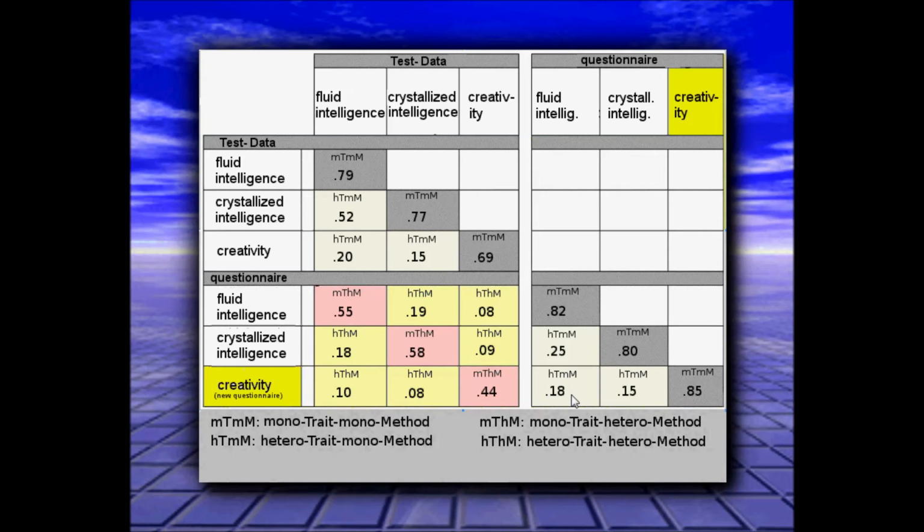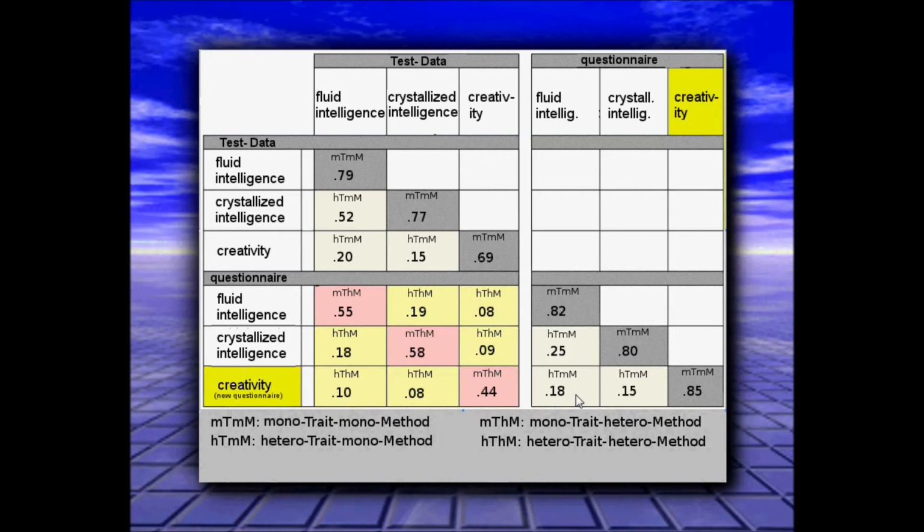But that there is a little correlation is well known from the theory. Between creativity and intelligence, you usually find correlations of 0.2 in the literature. So these correlations are okay, and they speak for a quite good discriminant construct validity of my questionnaire.